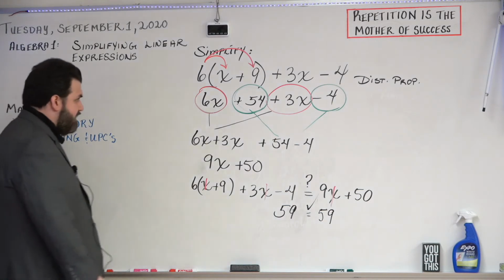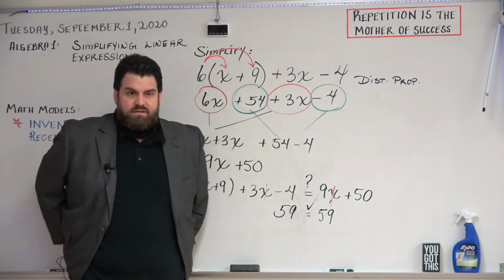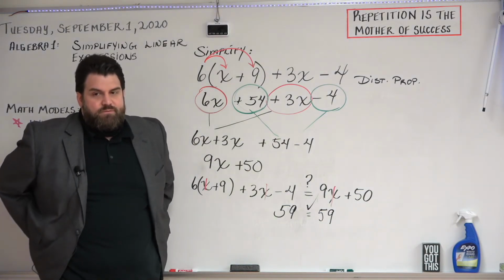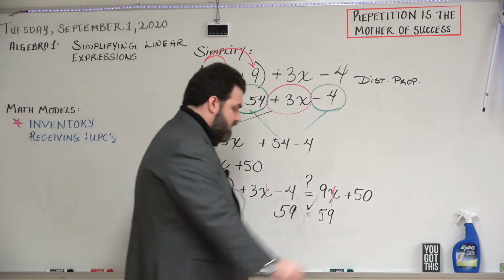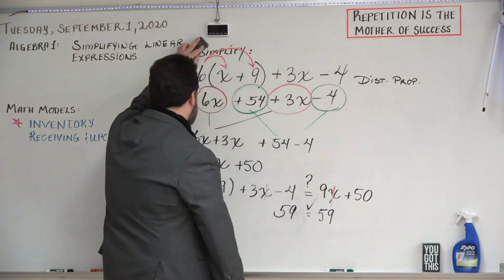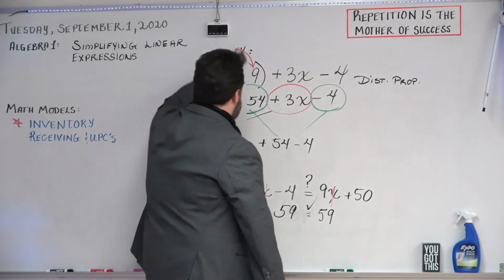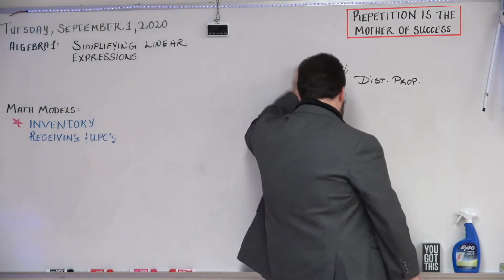So what do you think about this? Is this easy? Let's try it with fractions. So we'll do one more. We'll try it with fractions and we'll see where we get.